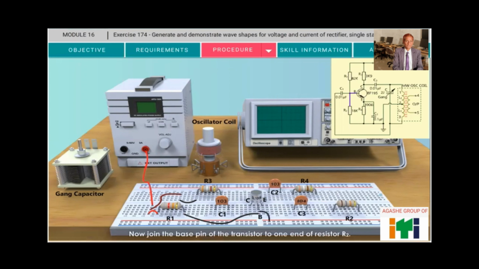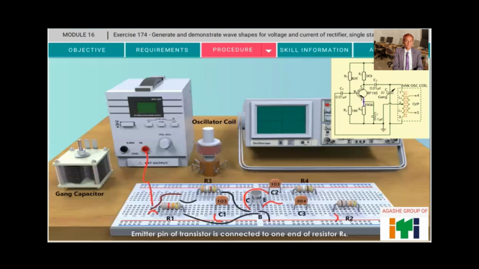Now join the base pin of the transistor to one end of resistor R2 and one end of capacitor C1. Other end of resistor R3 is connected to collector pin of transistor, and the collector pin is connected to one end of capacitor C2.